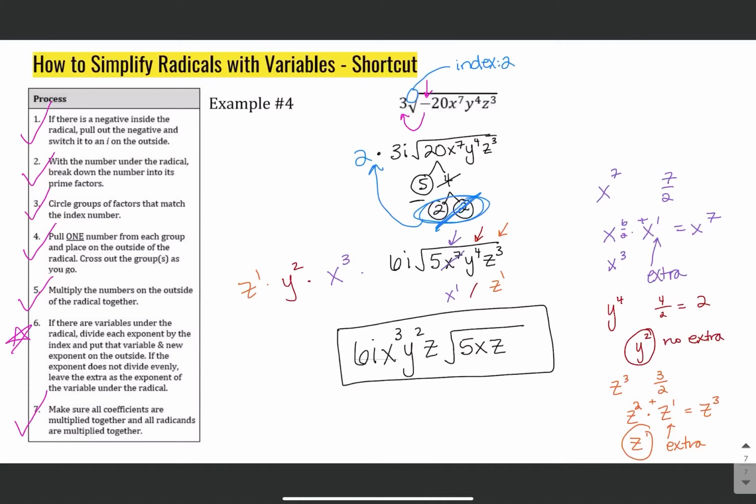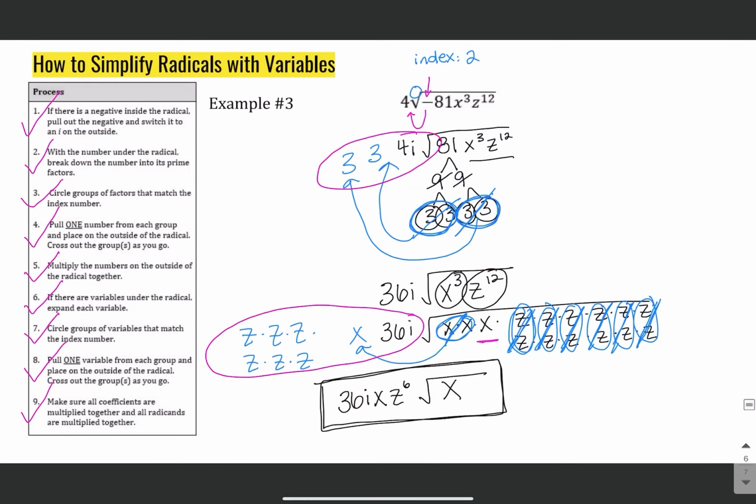And then if you have any extra, just like when we did it the long way, see how x cubed is the same thing as x squared times x to the 1st. And so notice right here, here's our group of 2. And that 2 matches the index.